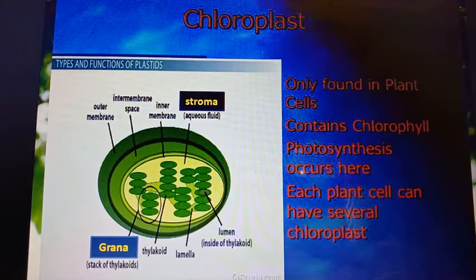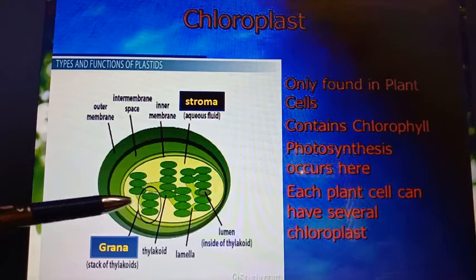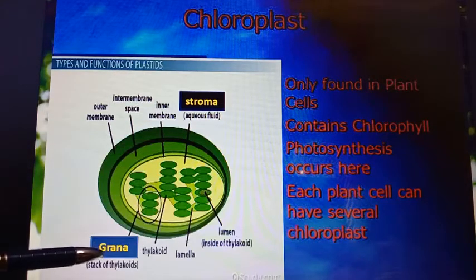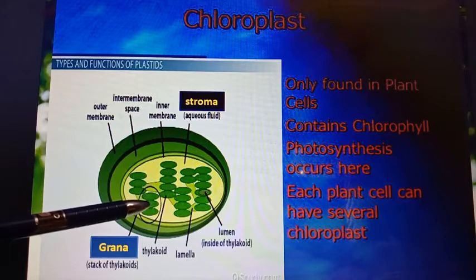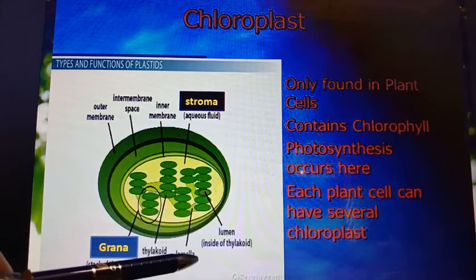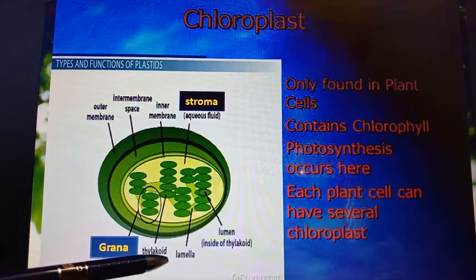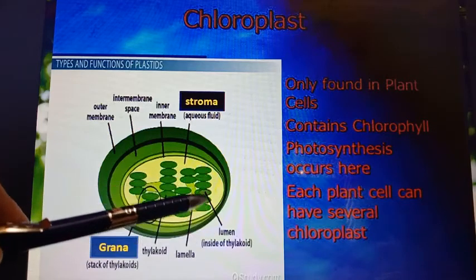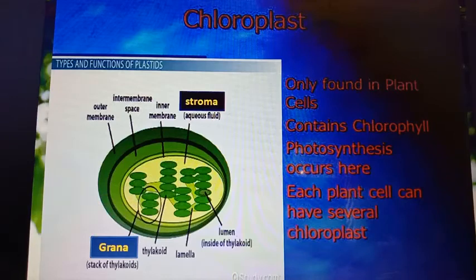In the wall of thylakoids, the chlorophyll pigments are present. You can see here that grana are connected to one another by the structure known as lamella. So lamella connects one grana with another.